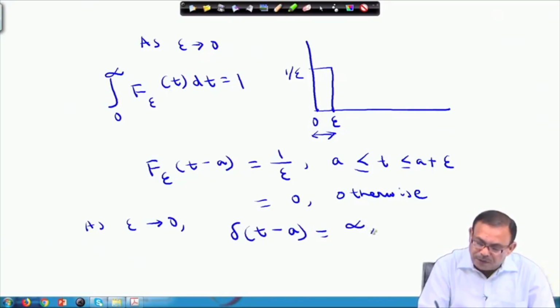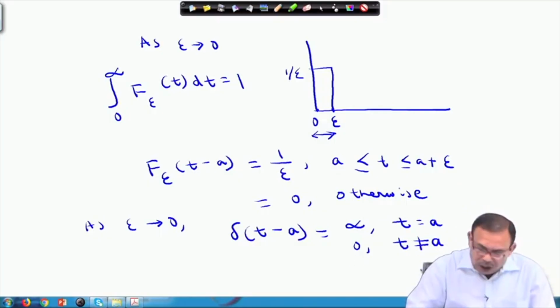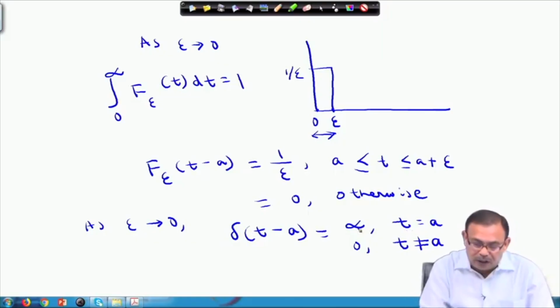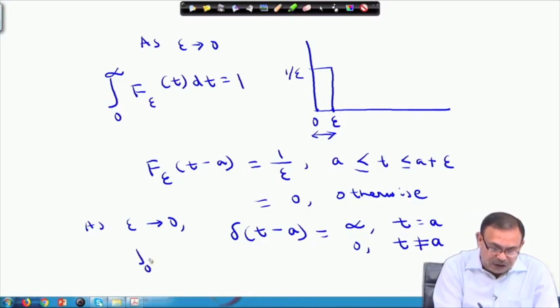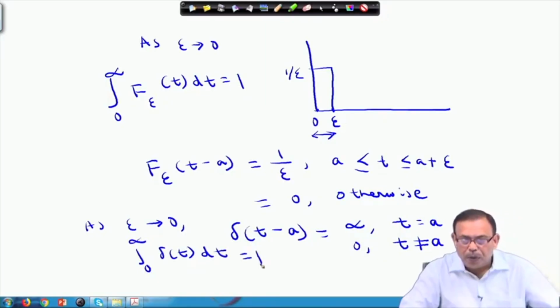It equals infinity when t equals a, and 0 for t not equal to a. So you write that the integral from 0 to infinity of delta t dt always equals 1.